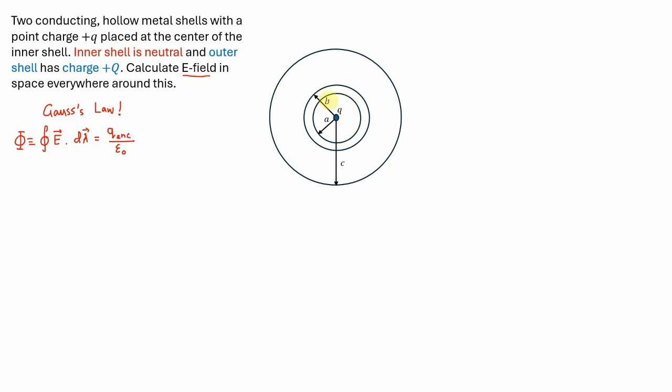And dA is always, for a closed surface, a vector that points out of that closed surface. So it turns out that dA is in the radial direction for a sphere.